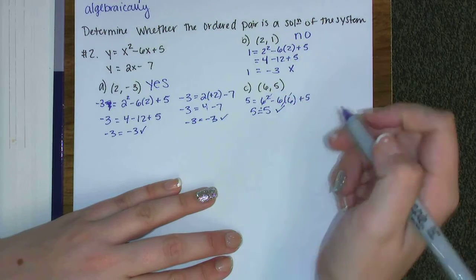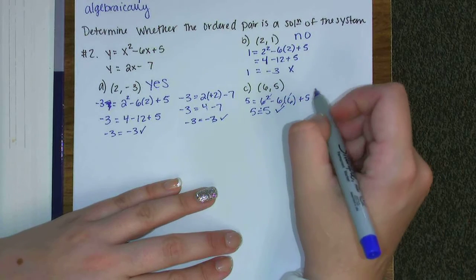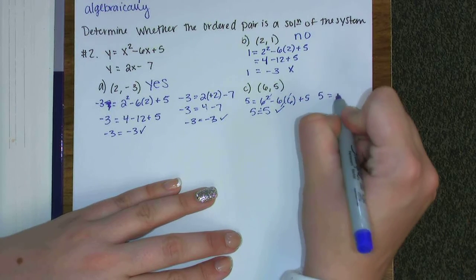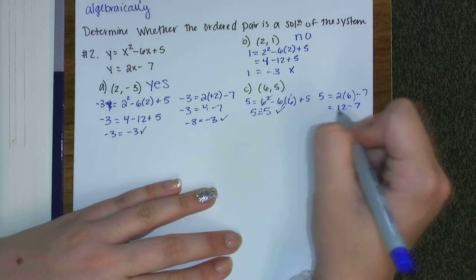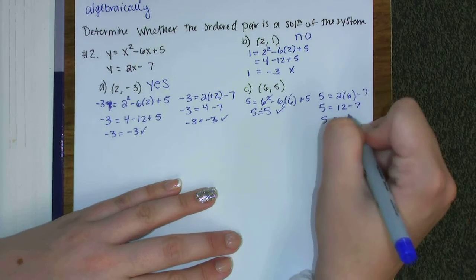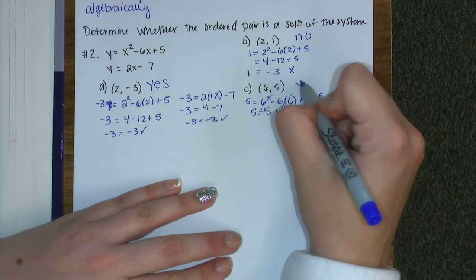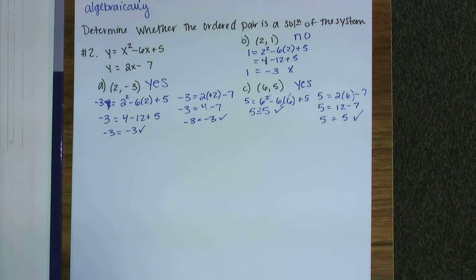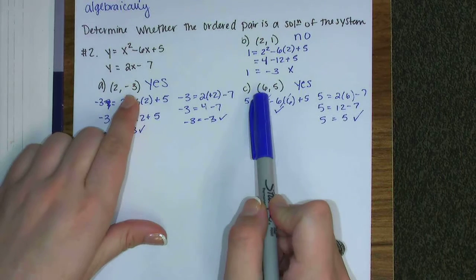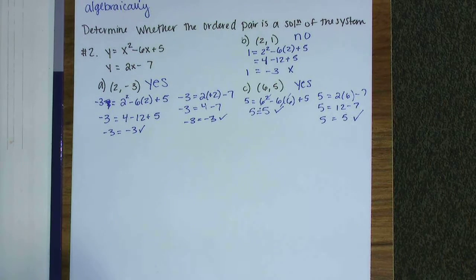So that's good. Let's check the other option. 5 is equal to 2 times 6 minus 7. So that's 12 minus 7, and 5 is equal to 5. So we're good. So we can say, yes, in fact, that is a solution. So you can see there were 2 solutions here.